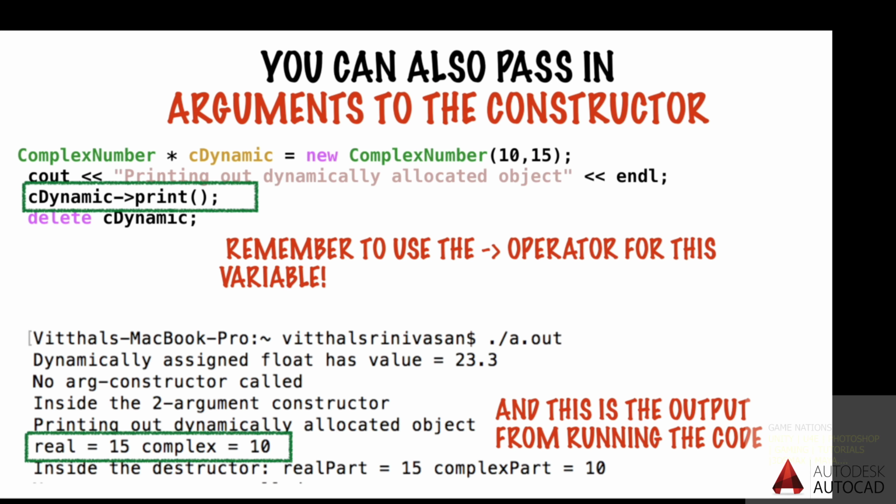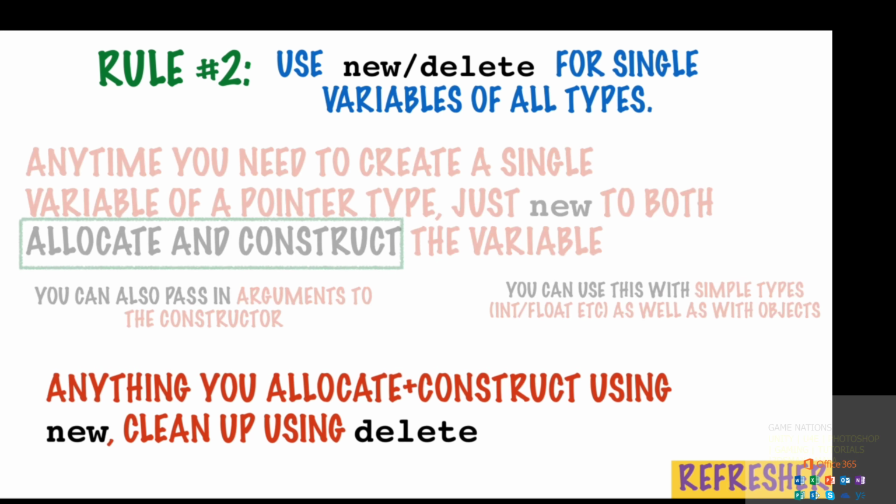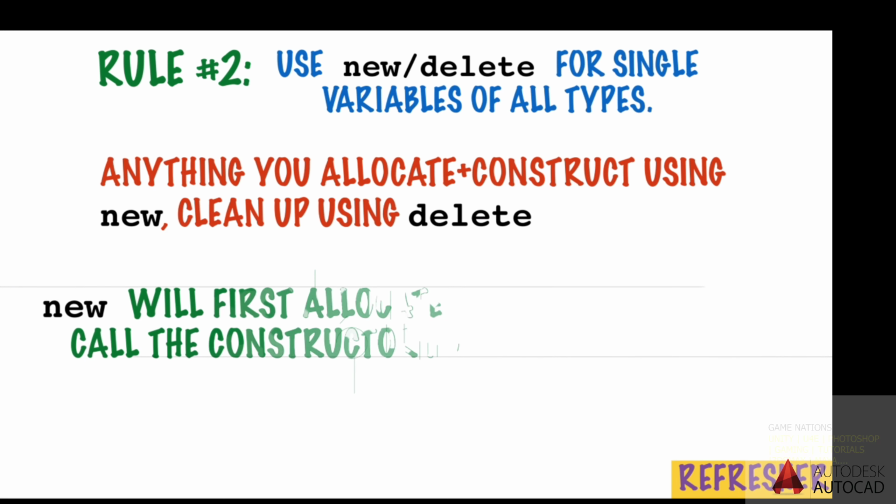Anything that we allocate and construct using new, for example, the cDynamic variable, which is of type ComplexNumber, we have to clean up using delete, which means that once we are done using cDynamic, we need to call the delete operation on it. A quick recap of what new and delete do.